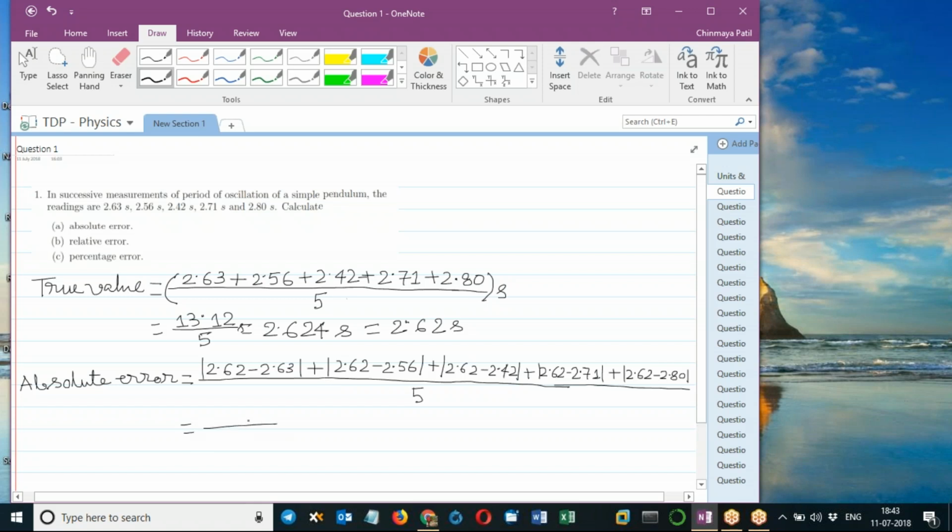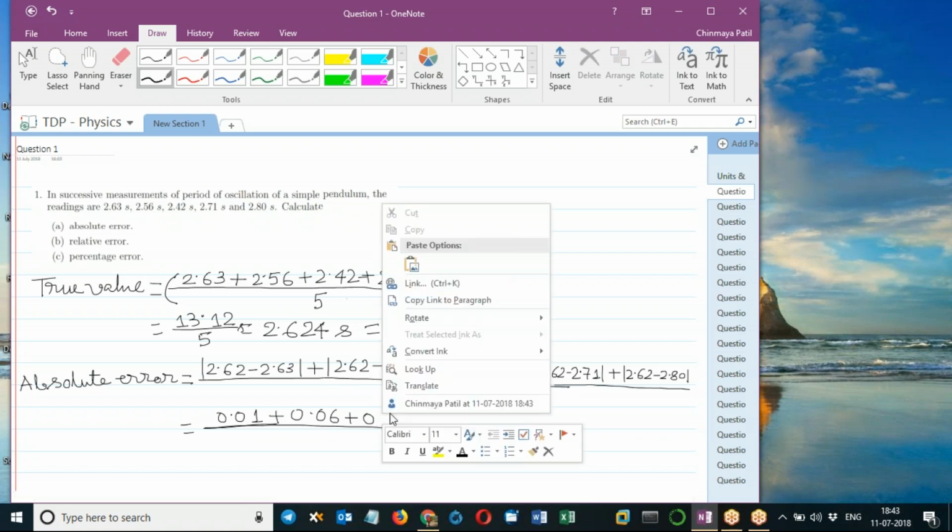If you calculate all these things, you will get values something like this. Let me write one by one all these values. The first is coming 0.01. Second one is coming 0.06. Third one is coming 0.20.